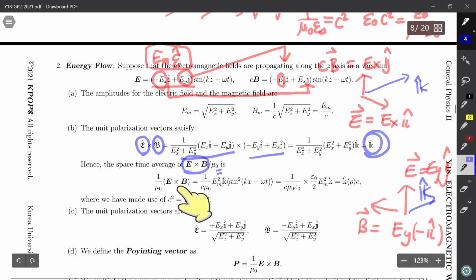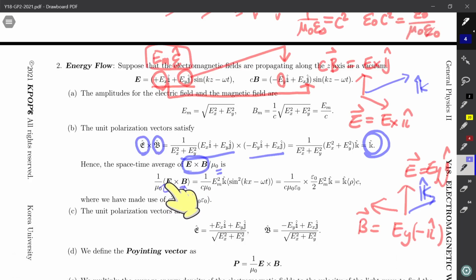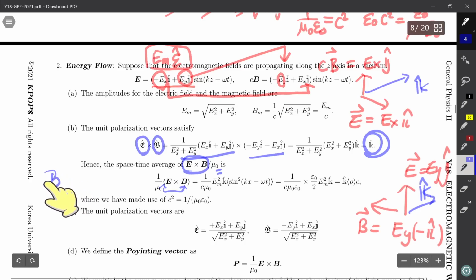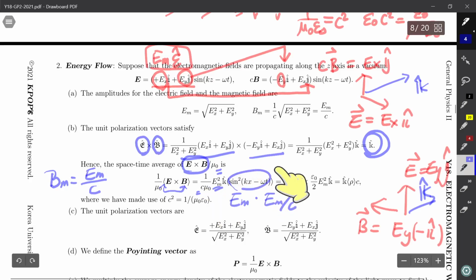If we compute this, and this stands for the average value, we know that B_m equals E_m over c. So E_m times E_m over c gives E_m squared and c in the denominator. And this time average is 1/2. So we have 1/2 here.